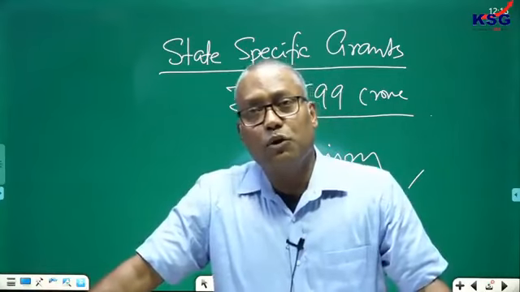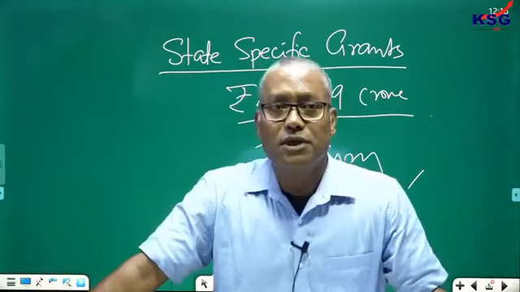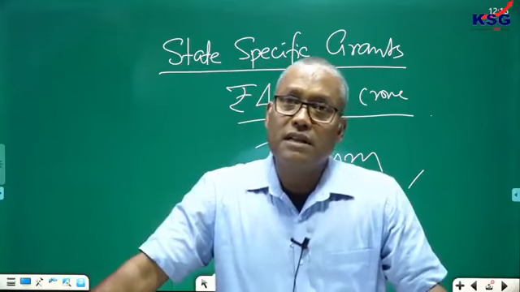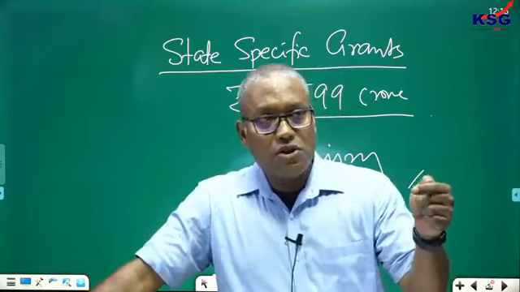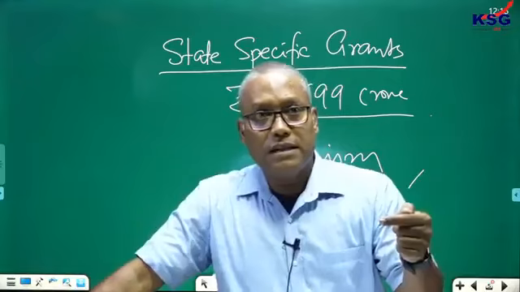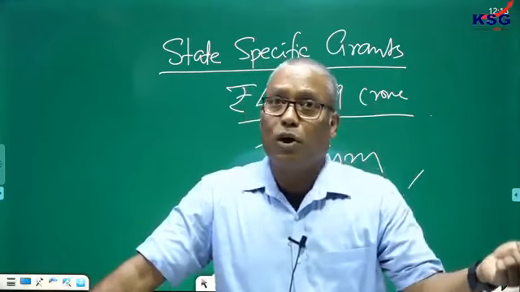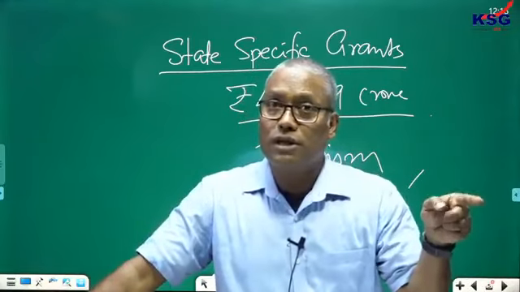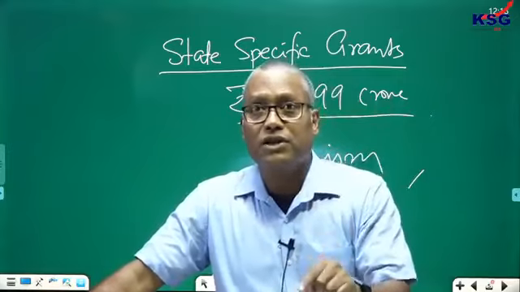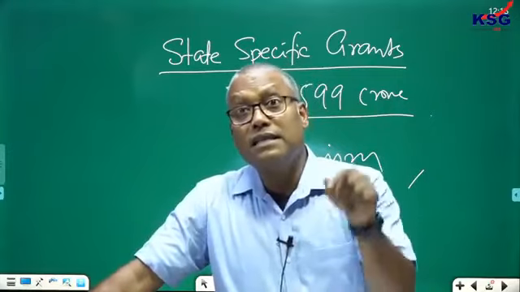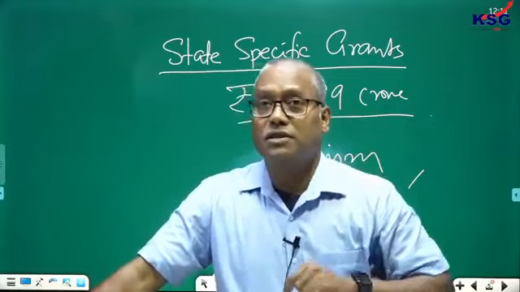Clear? And what is the third responsibility which is assigned to the Finance Commission? That the Finance Commission has to recommend the grants to local bodies on the basis of recommendations made by the state finance commissions. Clear?